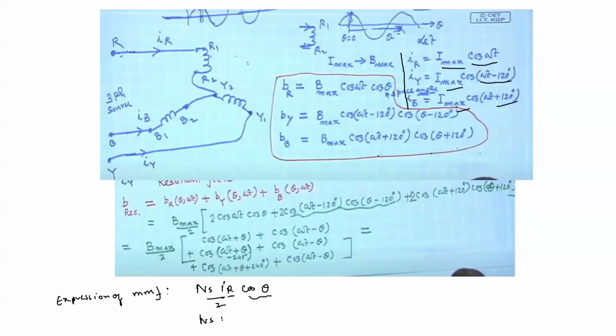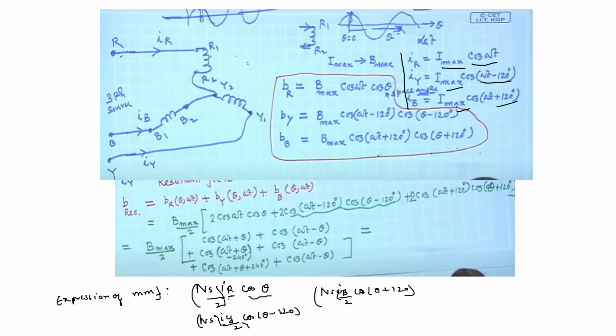So I'm writing for all the phases. Ns by 2 is basically the turns. I'm taking this terminology from PC Krause, but you understand MMF is basically the number of turns into the current which is carried.